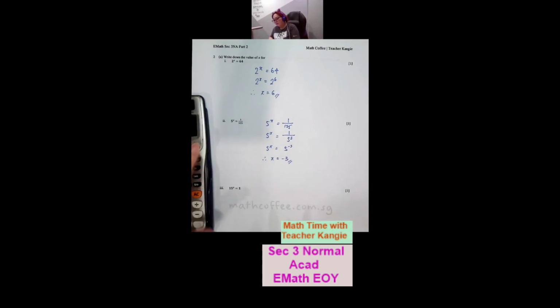Yeah, poly for those PFP, right? Polytechnic, the foundation year. I know you all learn logarithm because I have students previously lah. Previously, I have students who learned normal acad EMath with me, but when she proceeded to poly first year, they have this module on math.